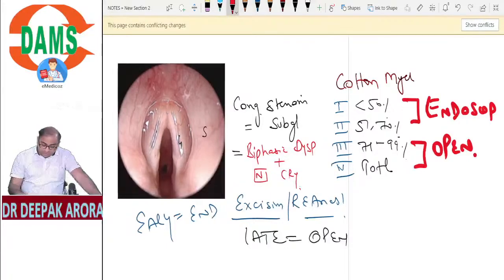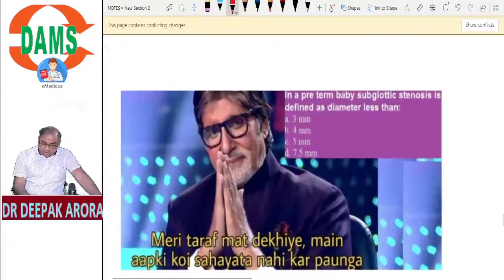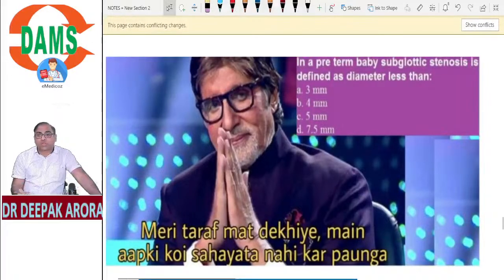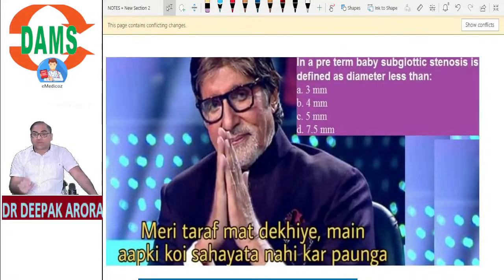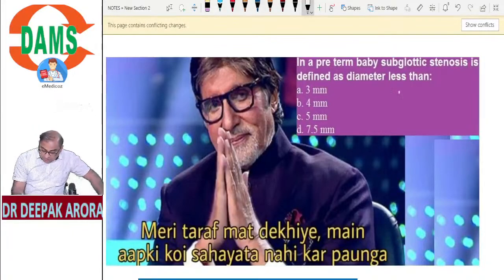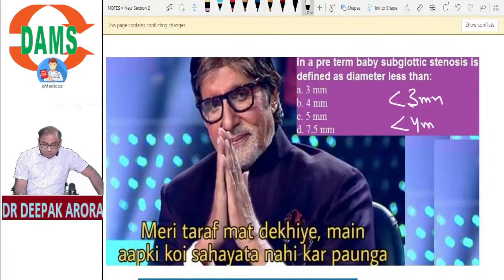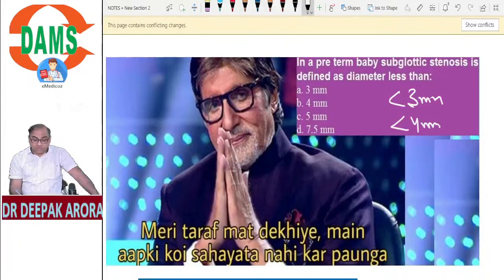Now, what is the definition of subglottic stenosis? Very important MCQ. Subglottic stenosis is defined as diameter less than what? Is it less than 3 mm or less than 4 mm? Preterm baby, full term baby.